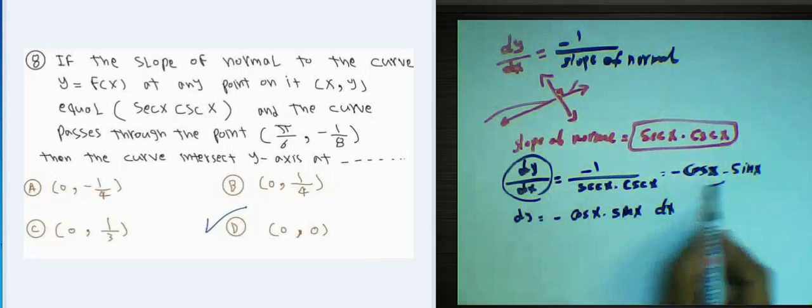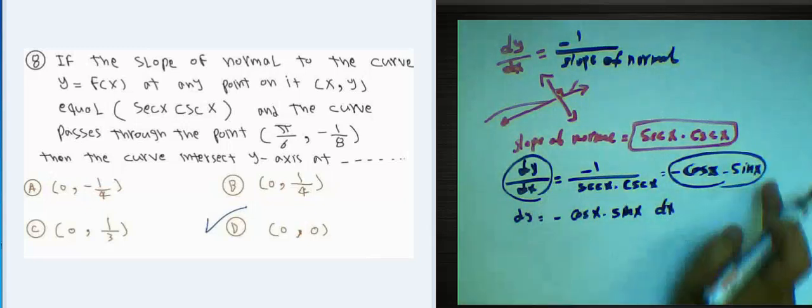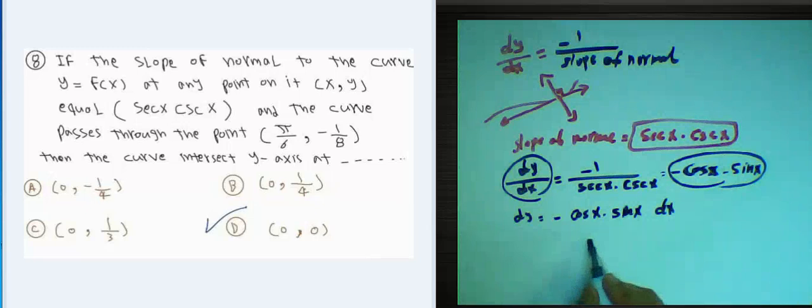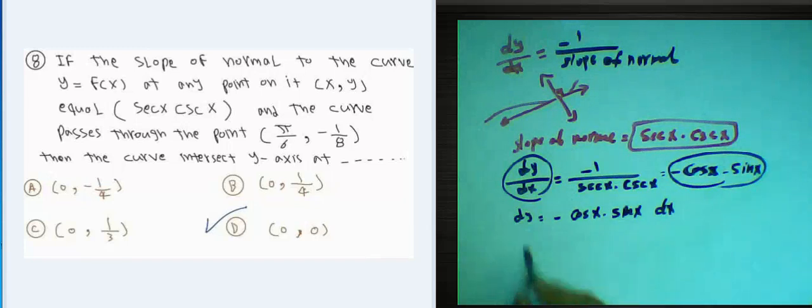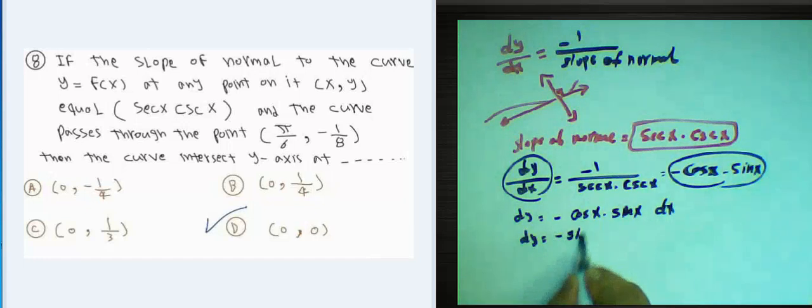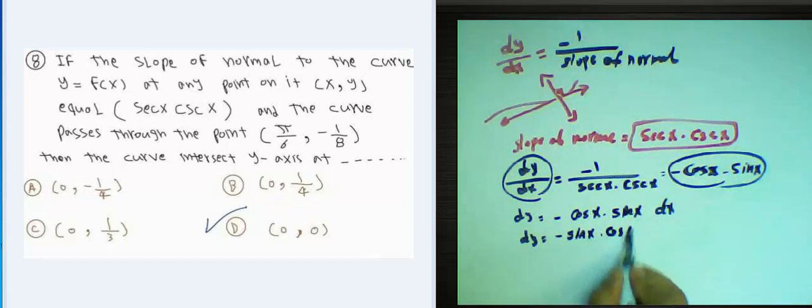For this function, cross over dx here, and we can multiply by 2 and divide by 2 to write the identity. We know cosine x times sine x, we can convert it using 2 sine x cosine x. So dy equals negative sine x times cosine x dx.